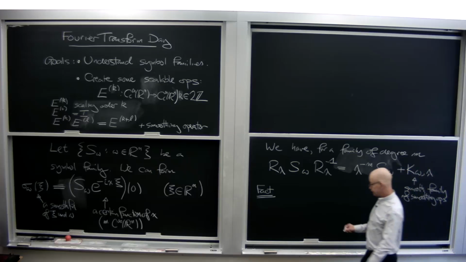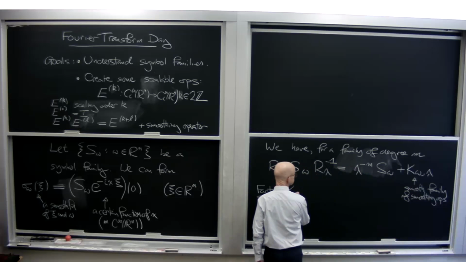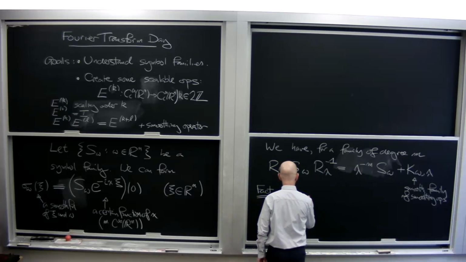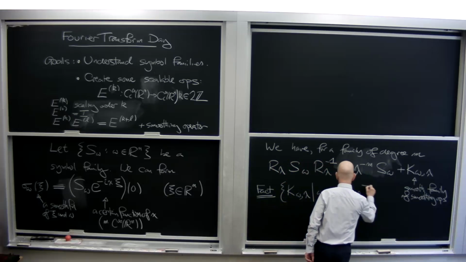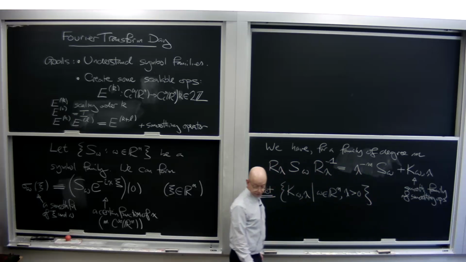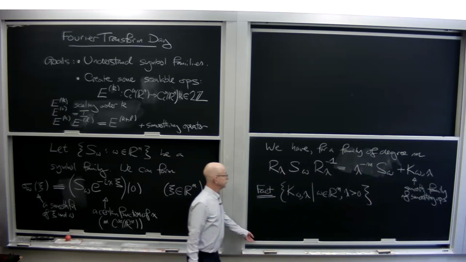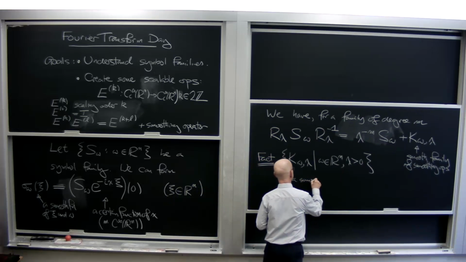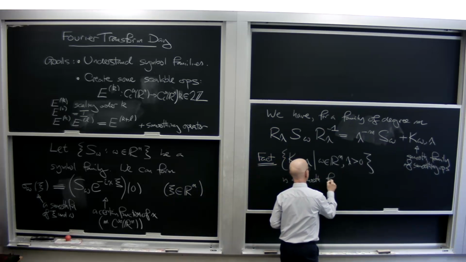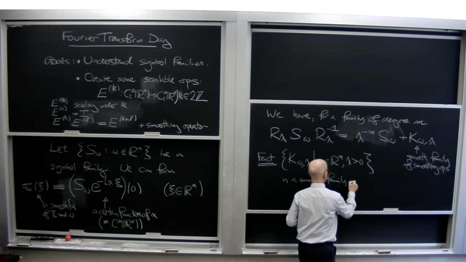Anyway, it's a fact that this family, where you look at all of the omegas and all of the lambdas, these scaling factors being all positive, is also a smooth family of smoothing operators.